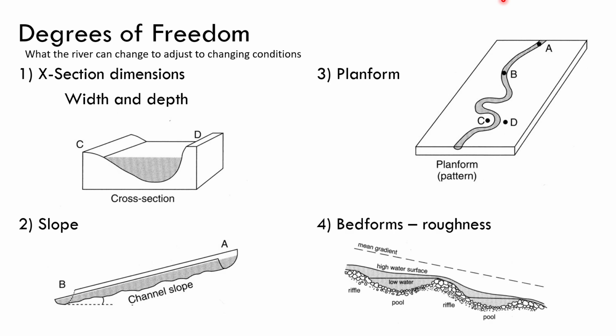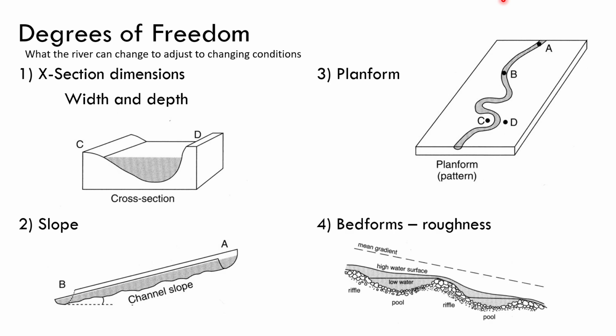And so the first degree of freedom that generally changes is the channel can change its width and depth. We call this the cross-section dimensions, like we've talked about before. So if we get more water or less water, the river can change its depth or width depending on what's changing and how fast.